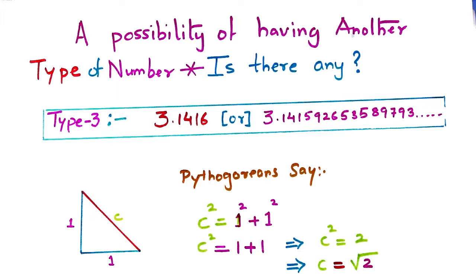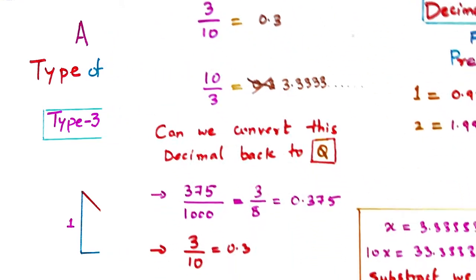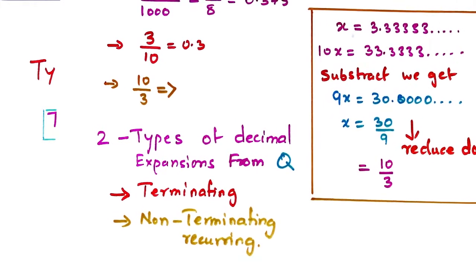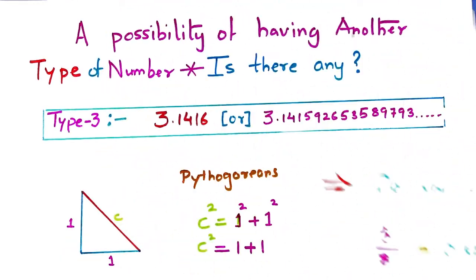for the sake of argument, there could be a possibility of a number which cannot be in the form of a rational number, as well as it cannot be in the form of these two types of decimal expansion. It should not be of either of these forms, or of the fraction form.